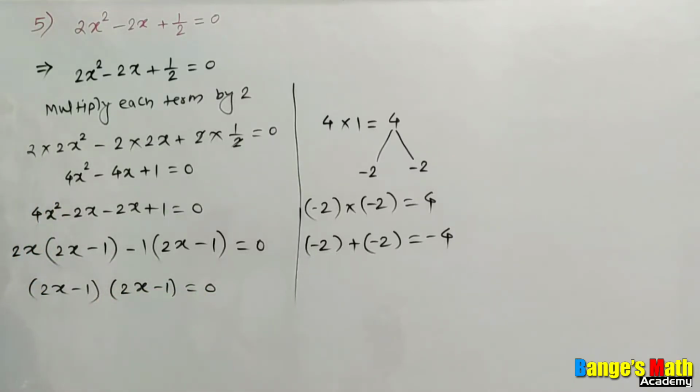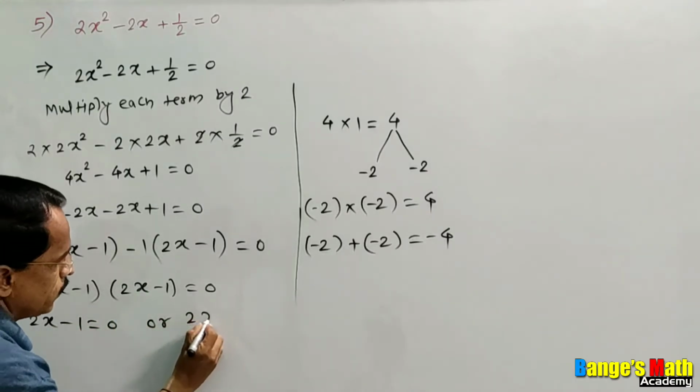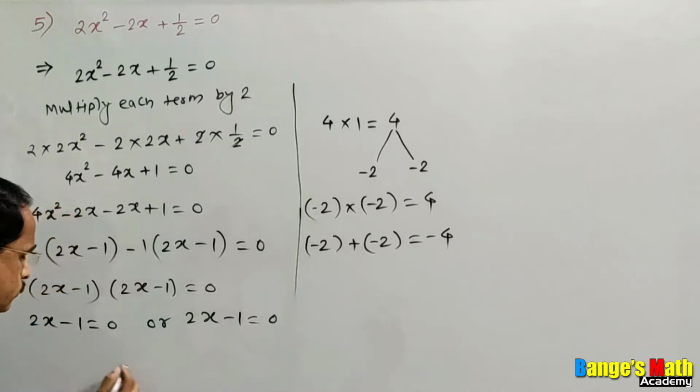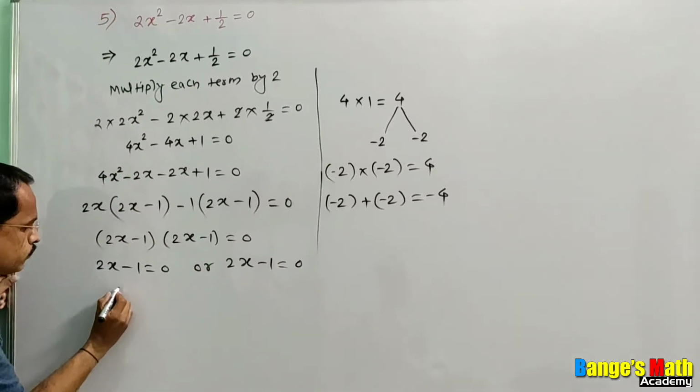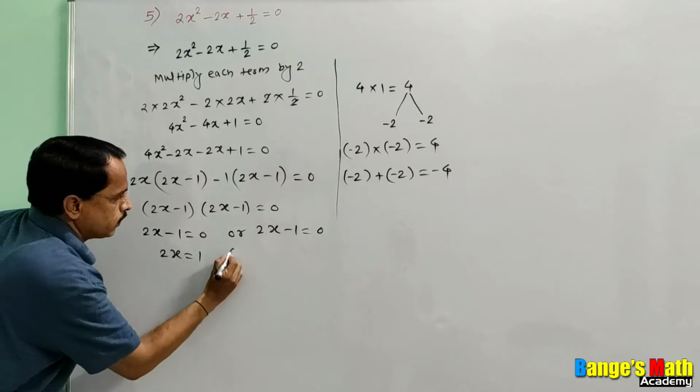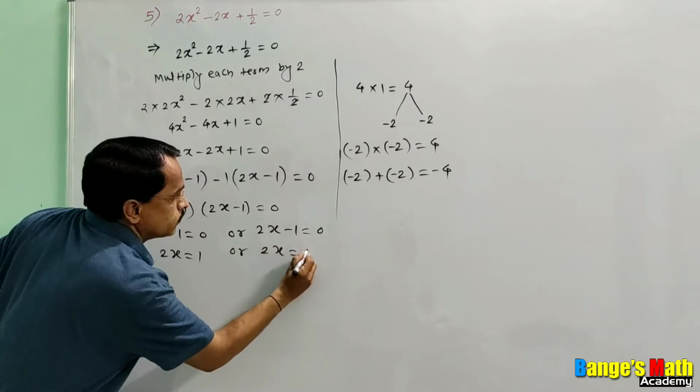The product of these two brackets is equal to 0. It means that at least one bracket should be 0. So equate each bracket to 0. 2x minus 1 is equal to 0, or 2x minus 1 is equal to 0. Transfer minus 1: 2x is equal to 1.